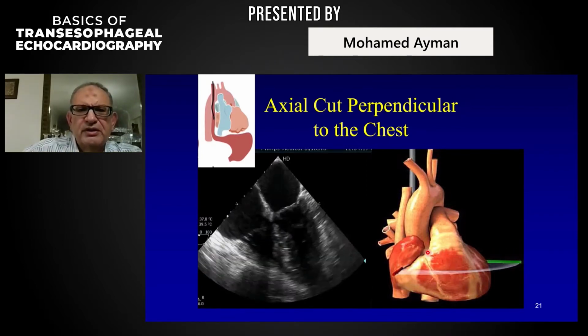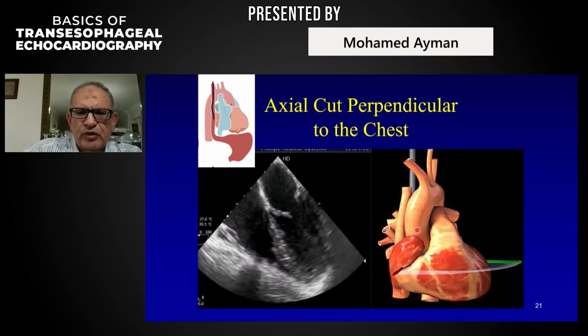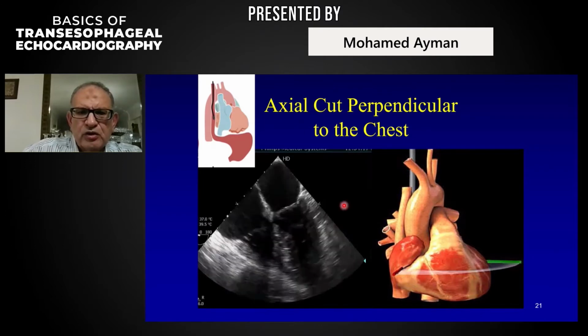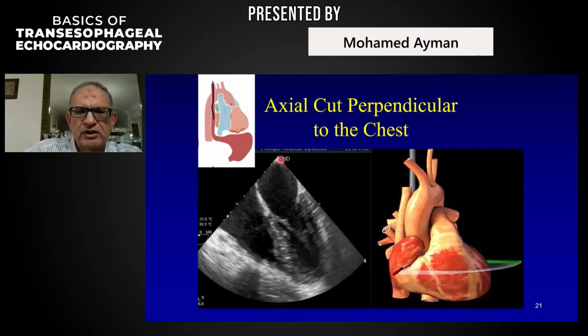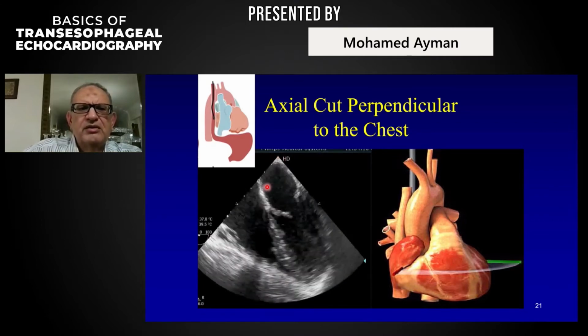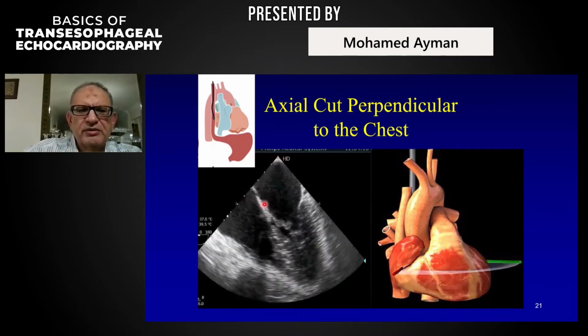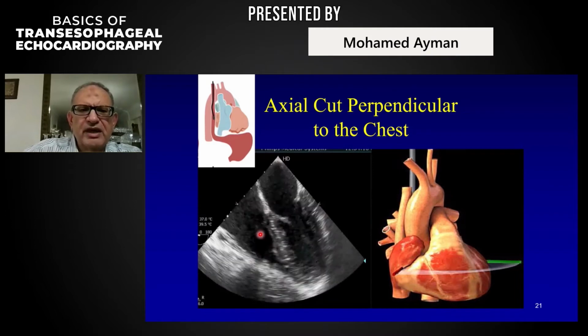So for example, the probe is here in the mid-esophagus. So it comes from behind. So you have the transducer here. We will have the left atrium close to the transducer. And we have the right atrium, interatrial septum, mitral valve, tricuspid valve, left ventricle, and right ventricle.